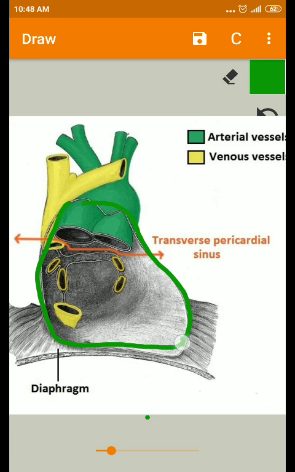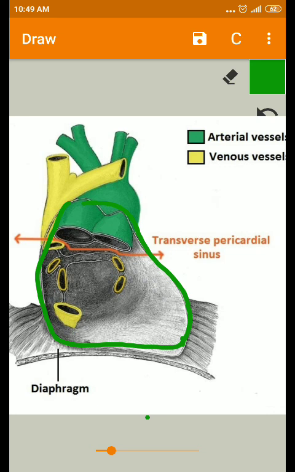This inextensible fibrous layer prevents the heart from increasing in size too rapidly, thus placing a physical limit on it. So the heart will expand and increase in size within the limit, not too rapidly, because of this fibrous pericardium.